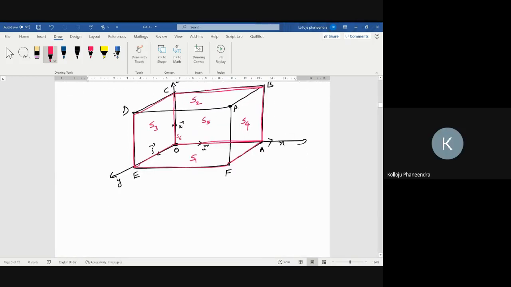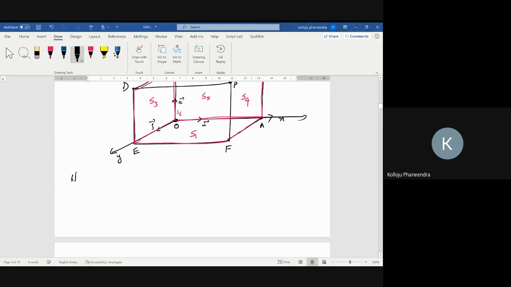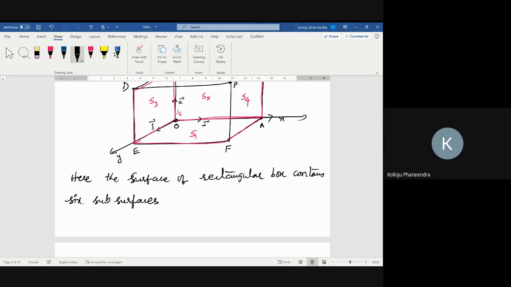Now let me write the surfaces here. The surface of the rectangular box contains 6 subsurfaces, given by, now one by one I will write.